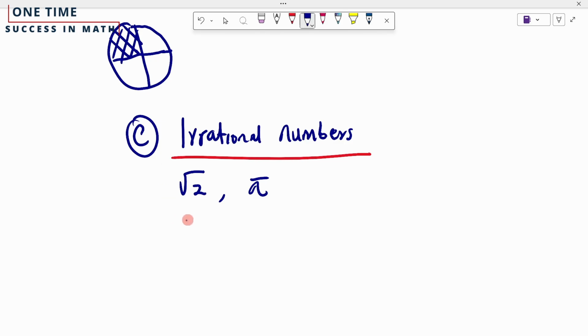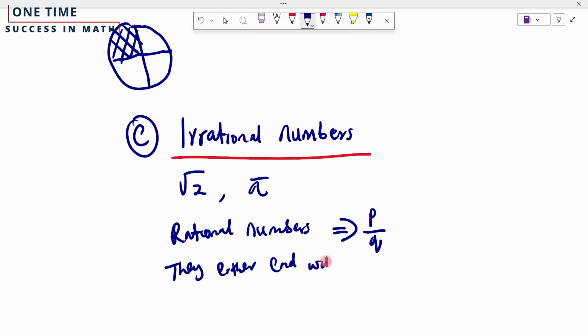Rational numbers, like we know, are fractions in the form of, say, p over q. So they either end, like 0.5, that's decimals, or they will end with repeating decimals like 0.3333. The 3 will go on till infinity.